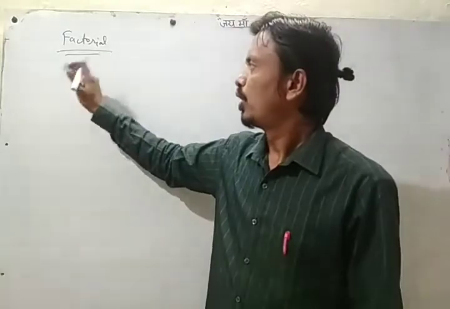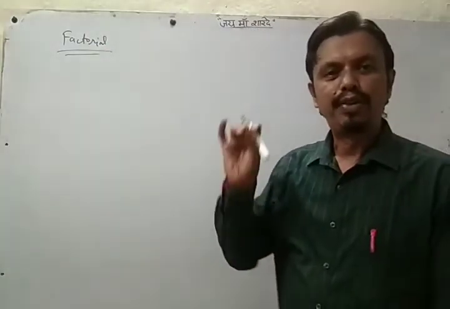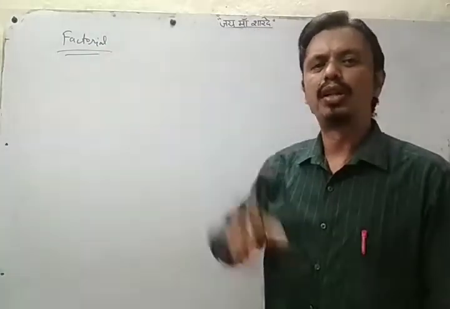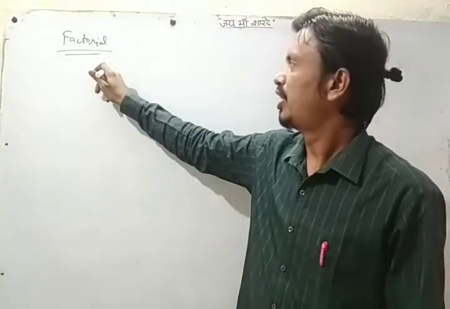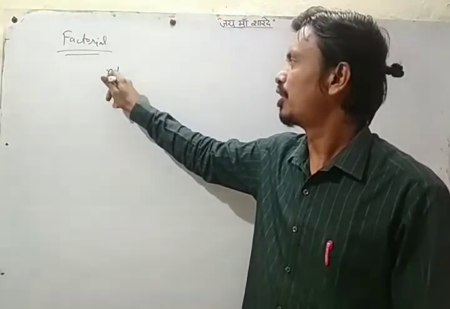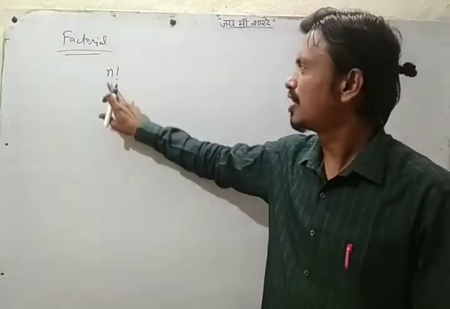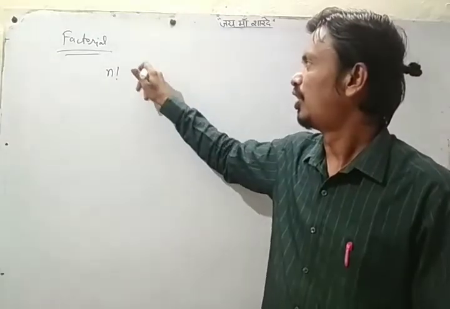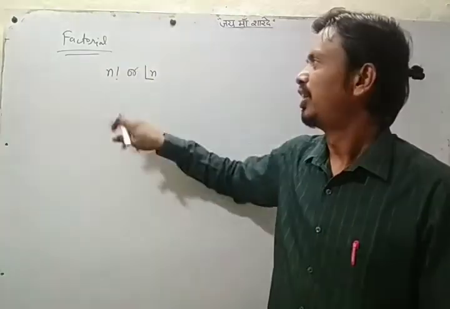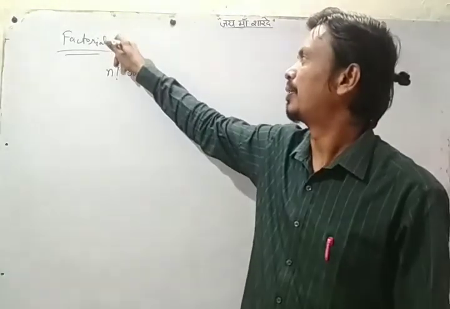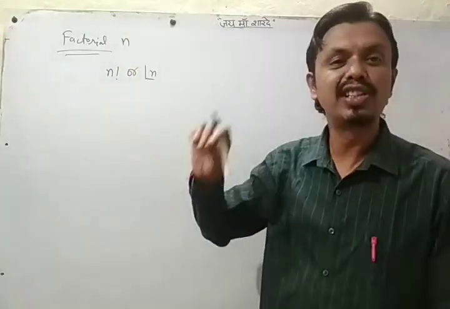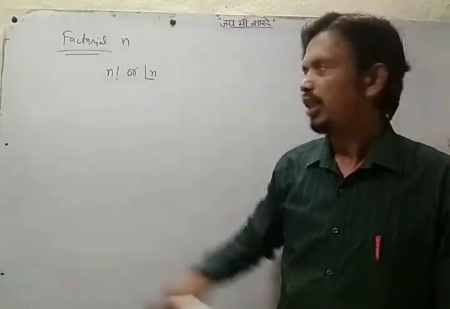If we multiply the first n natural numbers, the product of the first n natural numbers is denoted like this, and it is called n factorial. Factorial n means the product of the first n natural numbers.